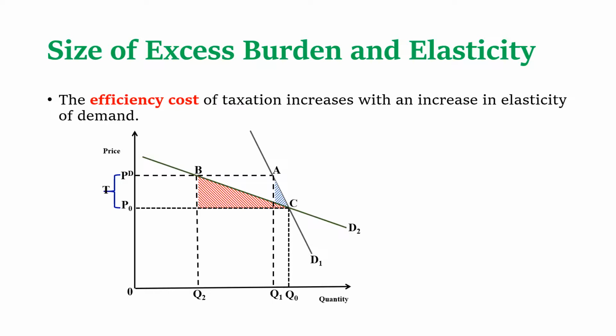Now look at this other one. Price increases, and demand is elastic. The quantity demanded changes by a big amount from Q0 to Q2. You see how this distance is so much bigger than this small distance, because demand at D1 is inelastic.